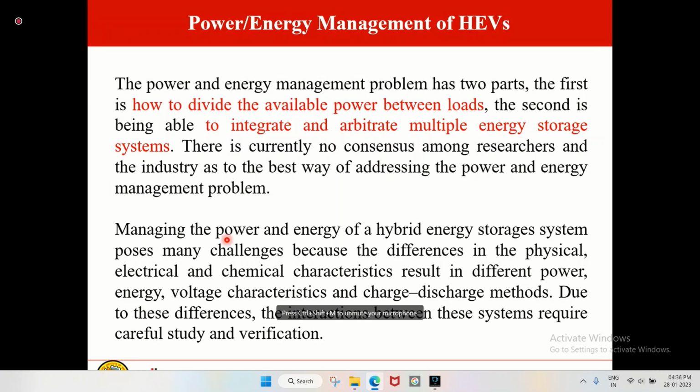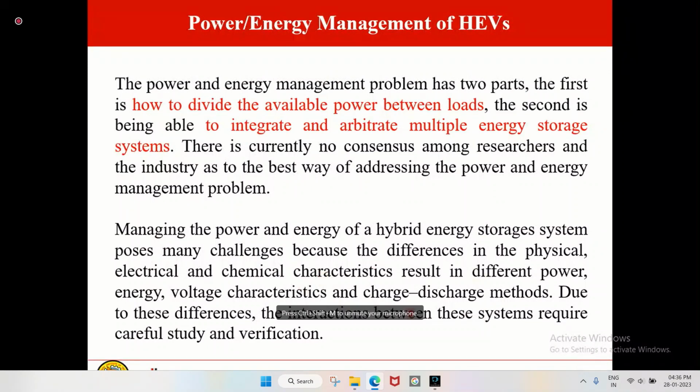Managing the power and energy of a hybrid energy storage system poses many challenges. Why is it a very challenging issue? Because there are differences in the physical, electrical, and chemical characteristics of, for example, the battery, electric motor, engine, generator, or the motor which works as a regenerative brake.